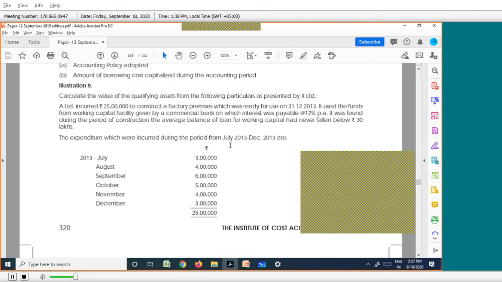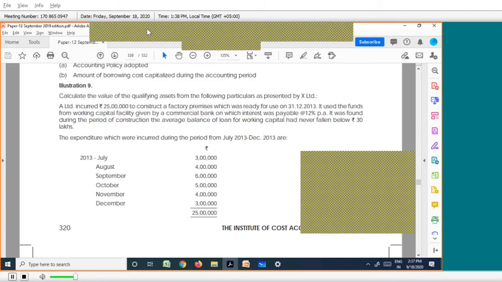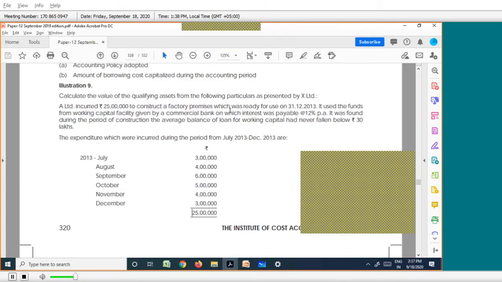Shall we proceed further on this question? Yes sir. Okay, so the point is, up to 30 lakhs this company is able to utilize the loan without paying anything. With this understanding, we have to solve this problem.